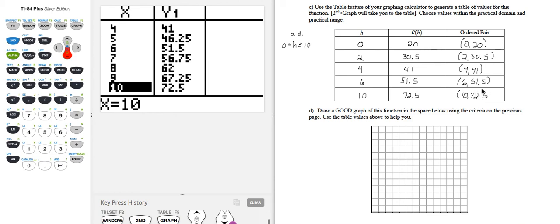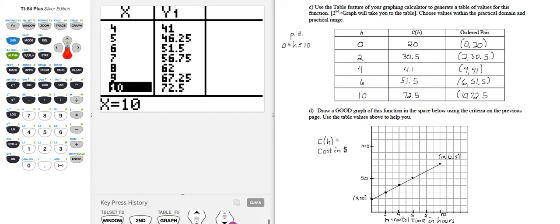Now I'm going to follow the instructions that were on the previous page. I'm going to draw a good graph of the function in the space below. I recommend that you press pause and go ahead and do that also in your workbook, and then the video will pick up right after I do my drawing and you can see how well you've done.